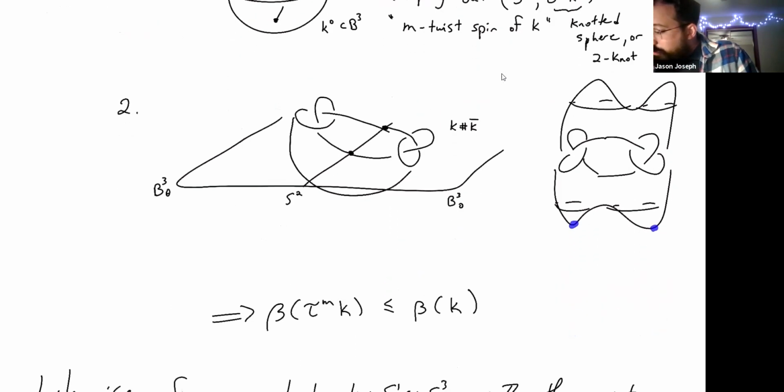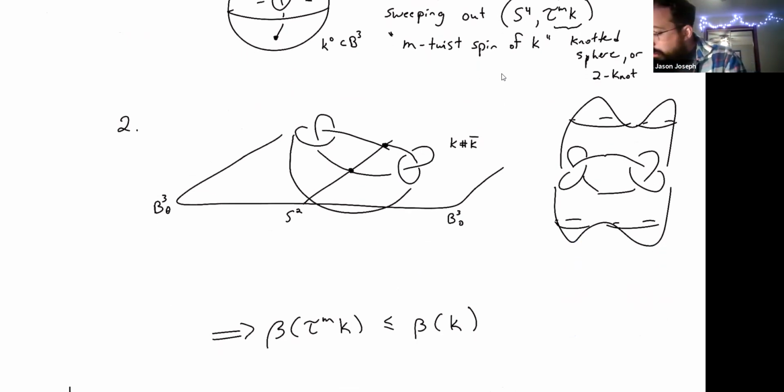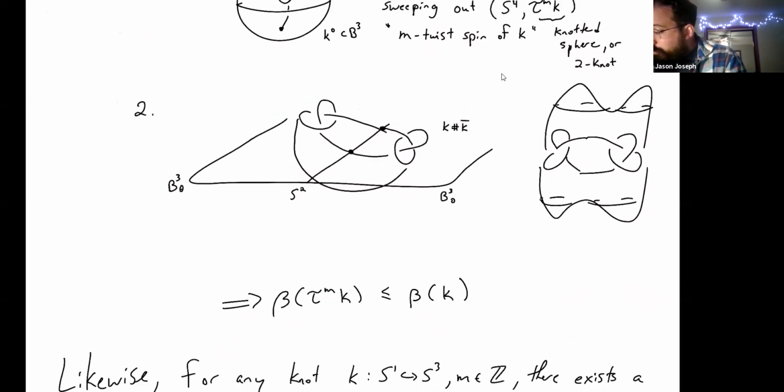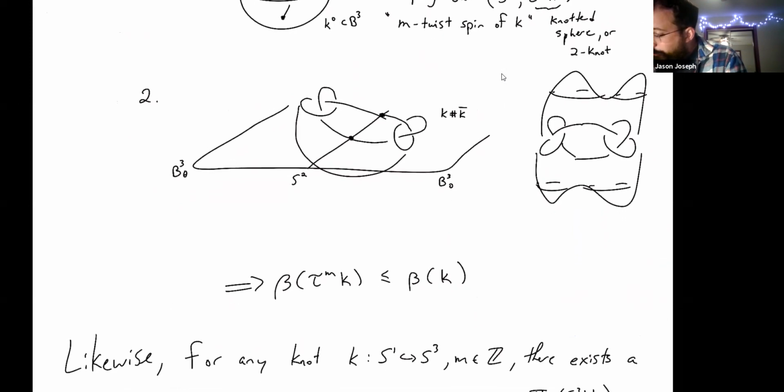So that means the bridge number of the twist spun knot is at most the bridge number of the knot that you're spinning. So that's all good. So when is it equal? Is it ever not equal? That's one thing we should think about.